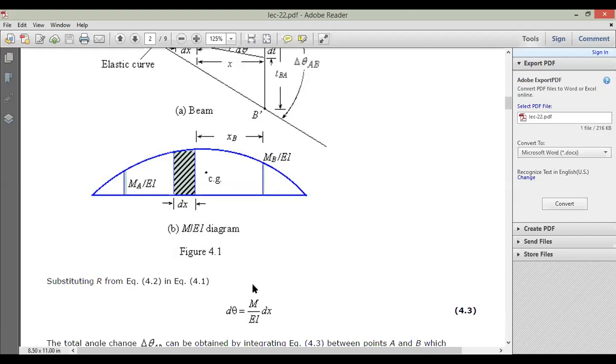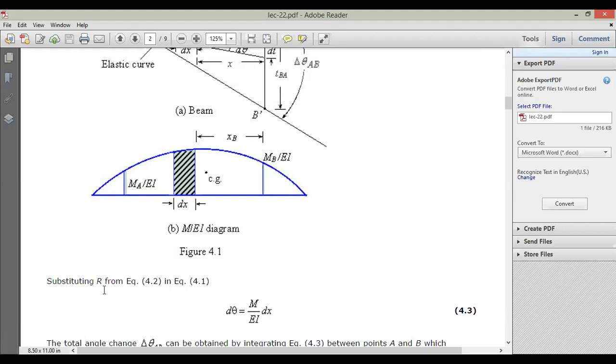So the arc is this much, and angle equals arc upon radius. dx is the distance. So what we can conclude from here is that d theta is equal to the distance dx multiplied by M by EI.